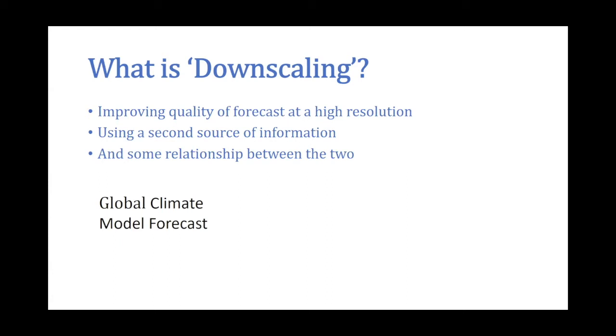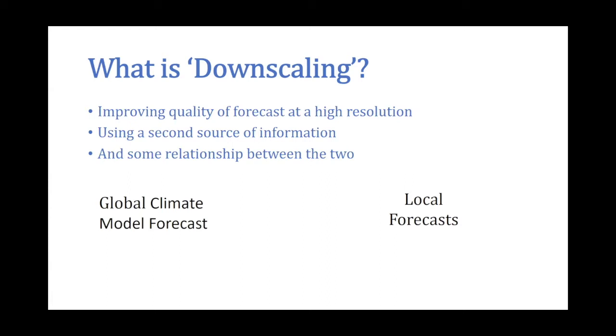Say you can get forecasts for a country, however, knowing the temperature or the average temperature for the entire country doesn't really help you. What you really want is the forecast in your locality, in your city. So what you really want are local forecasts. So how do we get local forecasts from global climate model forecast?